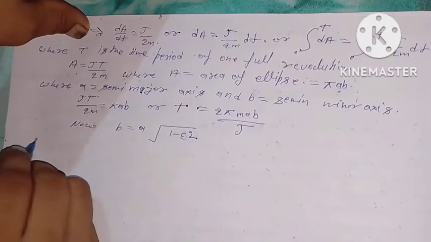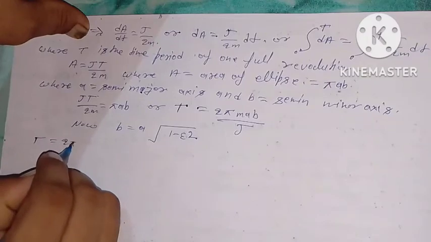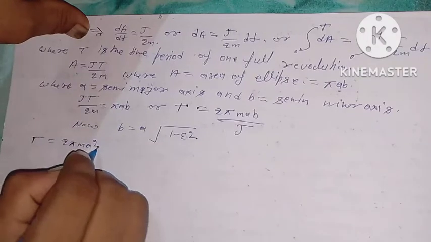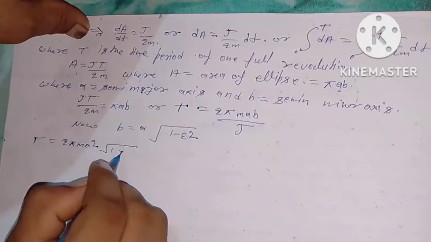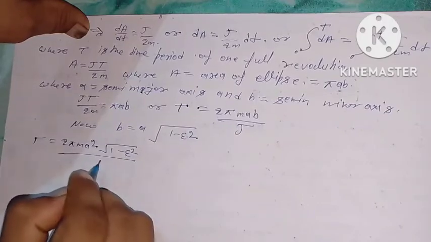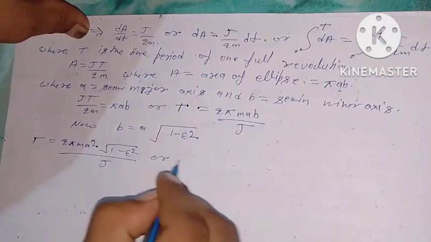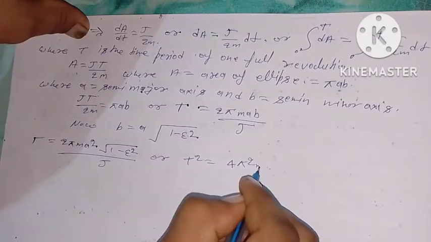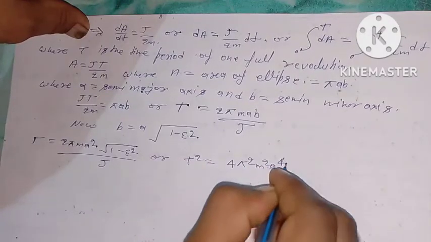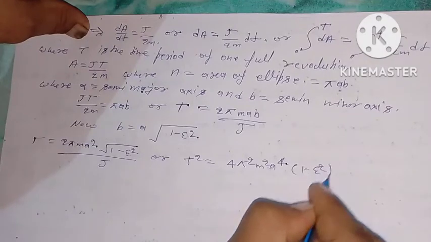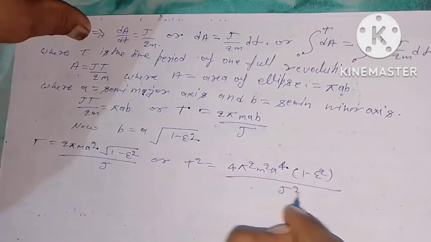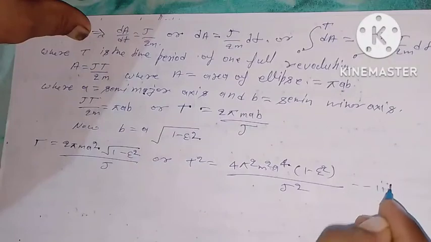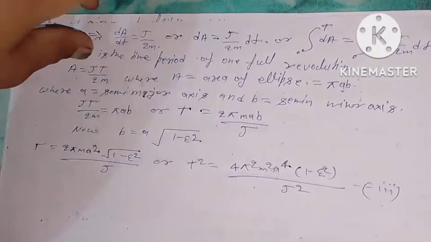So T equal to 2 pi m A square under root of 1 minus epsilon square upon J, or T square equal to 4 pi square m square A to the power 4 into 1 minus epsilon square upon J square. This is equation number 3.